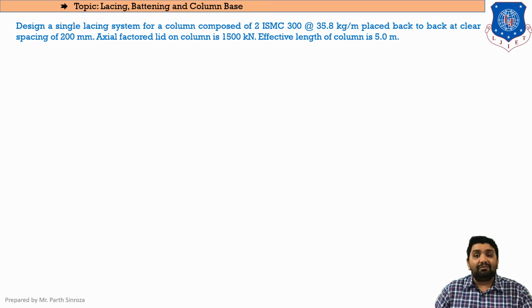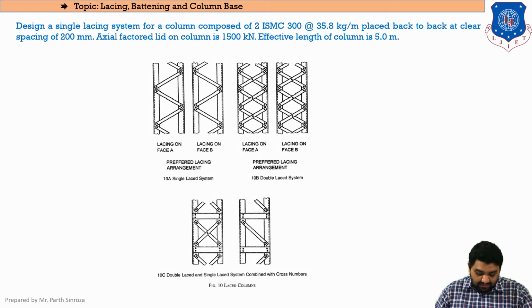First, we will discuss what we mean by lacing, battening, and bases. This figure is the elevational or front view of your column section. These two rectangular portions are the channel sections that will be provided.